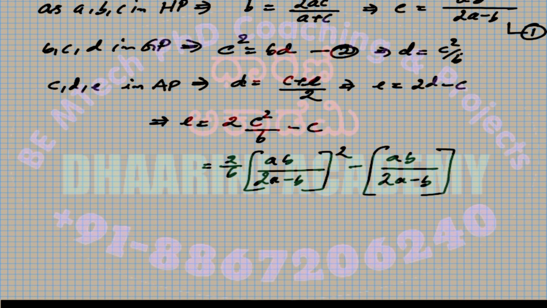I can see that AB by 2A minus B the whole square, I'll try to take it as common. So I have 2 by B here.